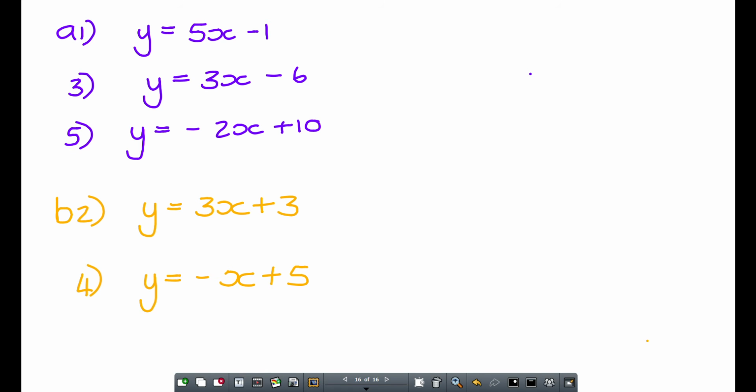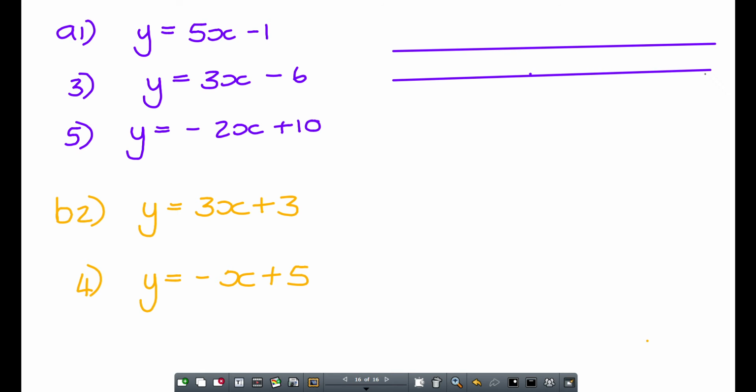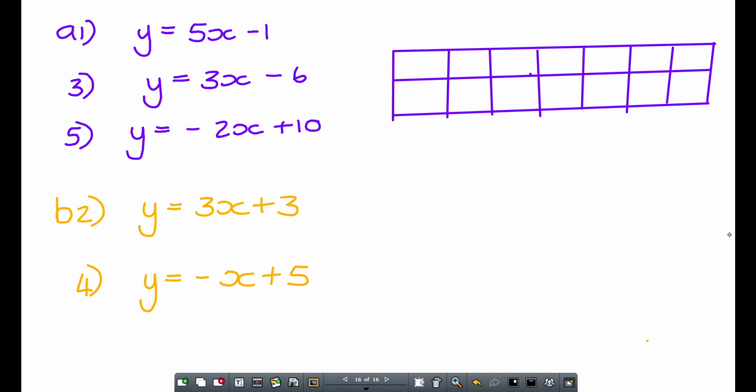Okay, so B2, I'm not going to rewrite the whole table, and it's not going to be nice and neat. Okay, so remember it says input here, meaning that's going to be my x values, and output at the bottom, meaning that's going to be my y values.